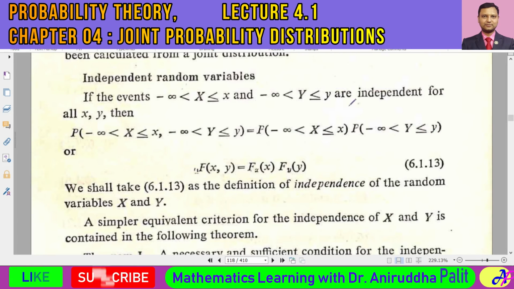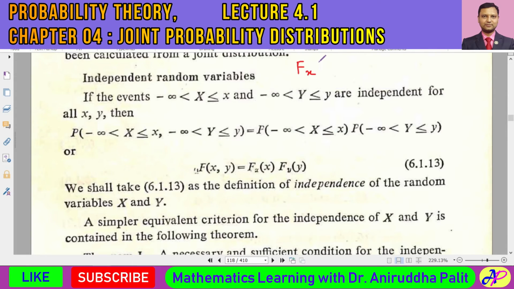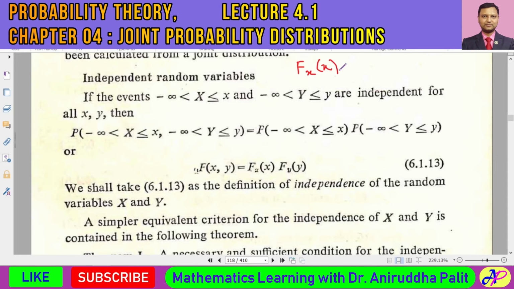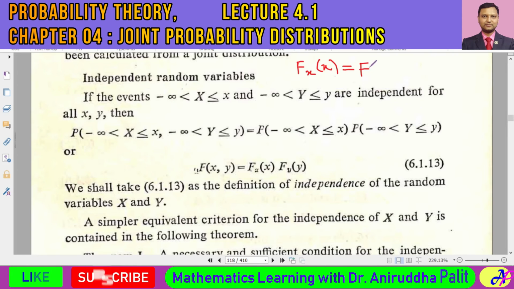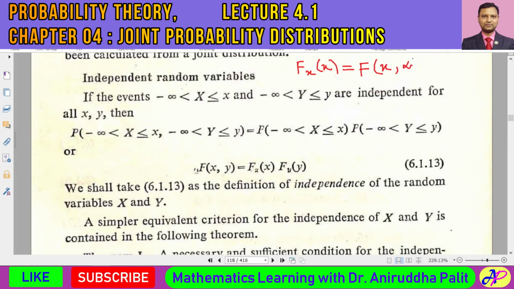And I forgot to mention that in case we defined this marginal distribution F_X of x, what was this? That was actually F of x comma infinity.